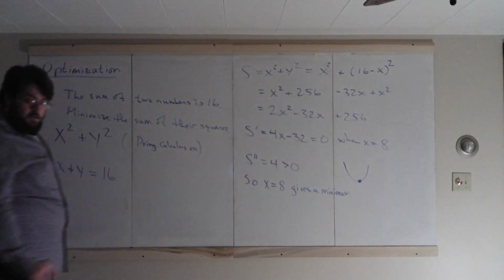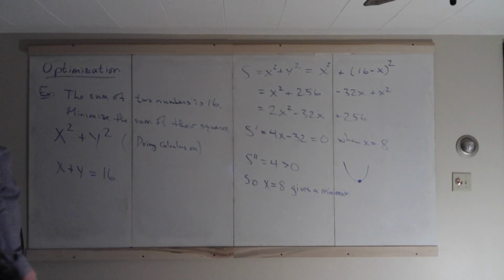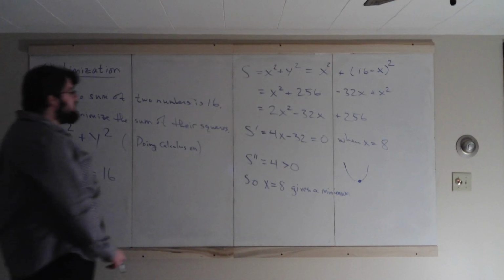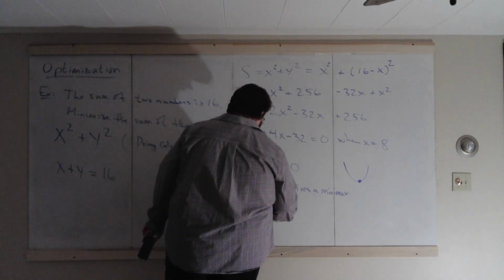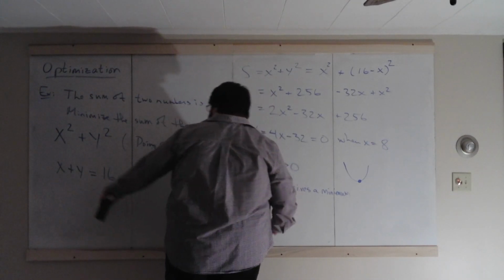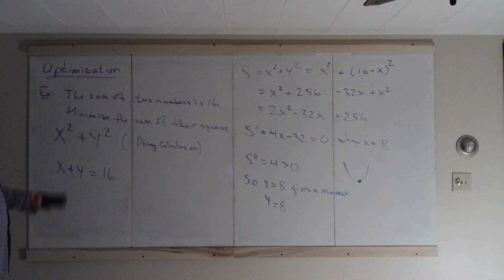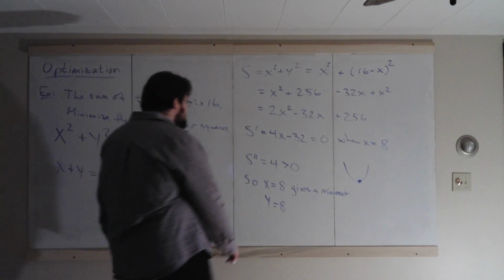Now let's go back and see what question we were actually asked. Minimize the sum of their squares. Well, we're going to need a y value too. If x equals 8, then y equals 8 also, because 8 plus 8 is 16. So x equals 8, y equals 8 gives a minimum.